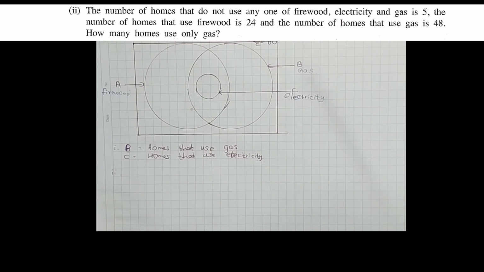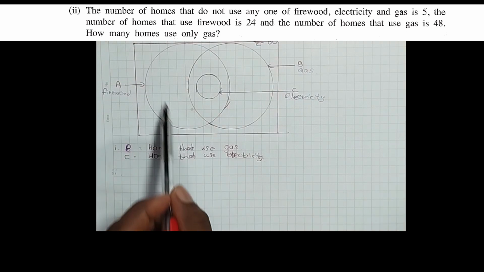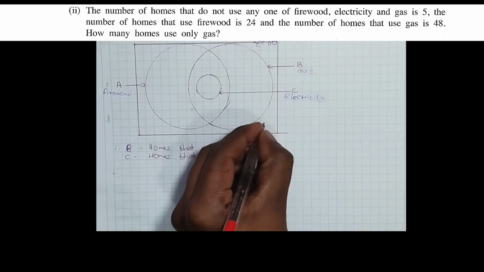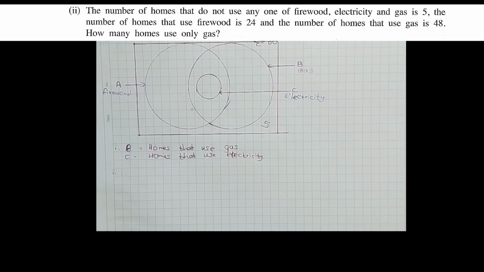The number of homes that do not use any one of firewood, electricity and gas is 5. It means 5 is not in these circles, so it should be outside them but in the universal set.